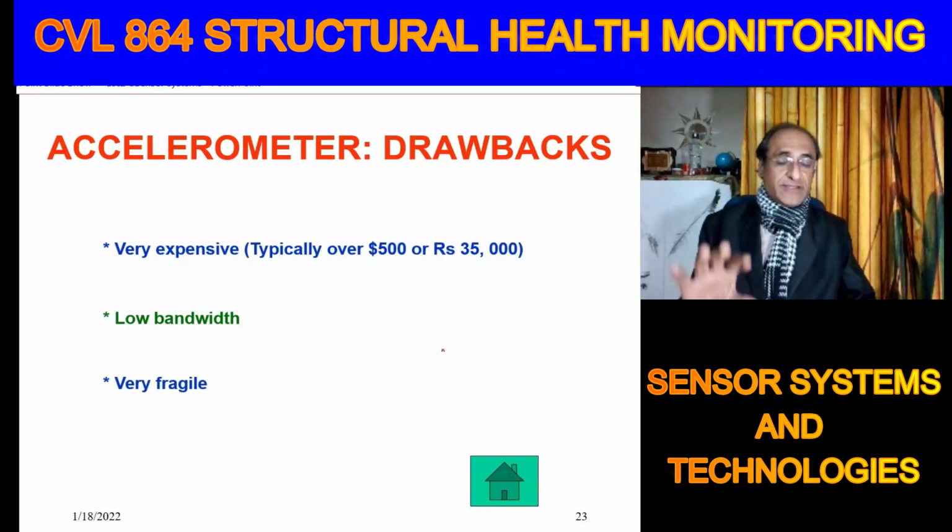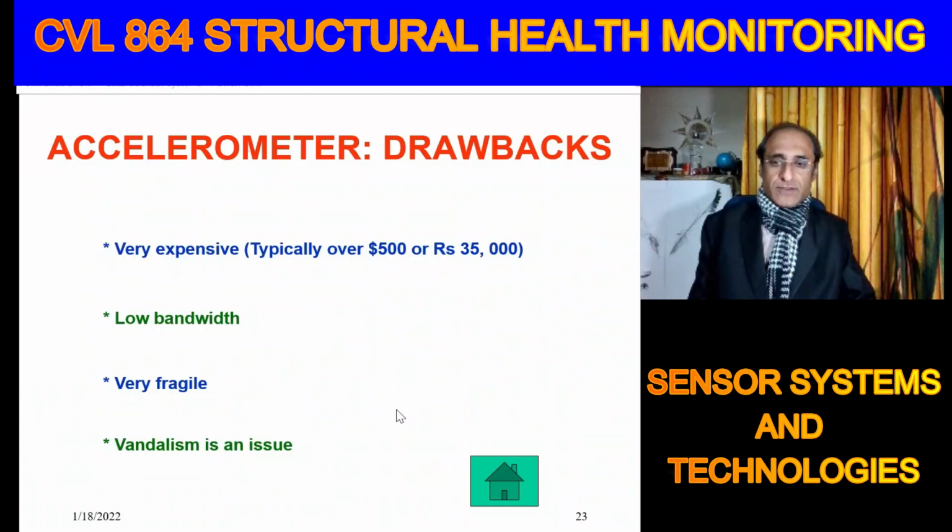And they are also large in size. Because they are big, if you leave such an accelerometer on a structure, outside and not inside, they can face vandalism, or because it's an expensive item, they can be stolen.